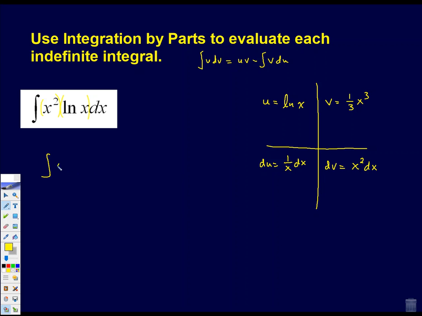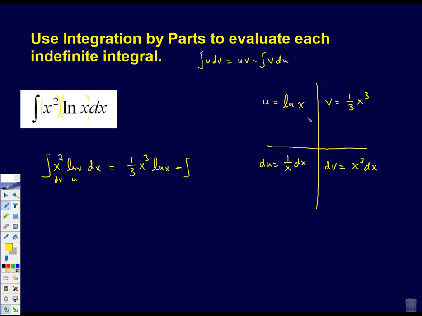So we're going to write the integral x squared ln x dx. Now that's technically v and then dv and u here. But anyway, the right side is now supposed to be u times v, and so that's uv multiplying across the top, and I'm going to put the 1/3 x cubed in the front of it. 1/3 x cubed ln x minus another integral.